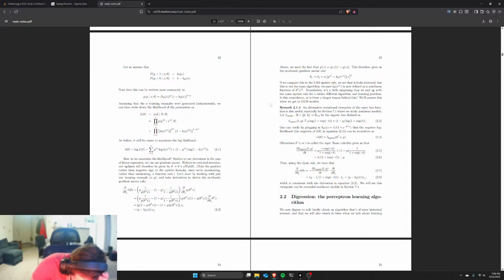H theta is a vector of x theta I, plus log of 1 minus h theta of x I. Okay.